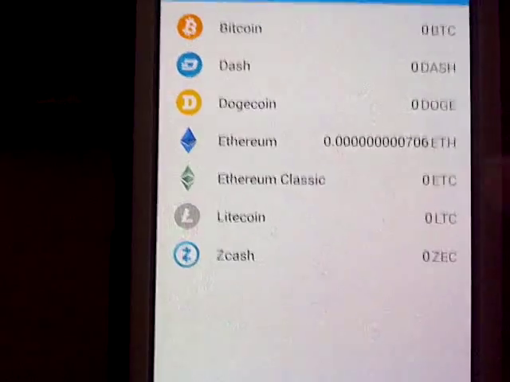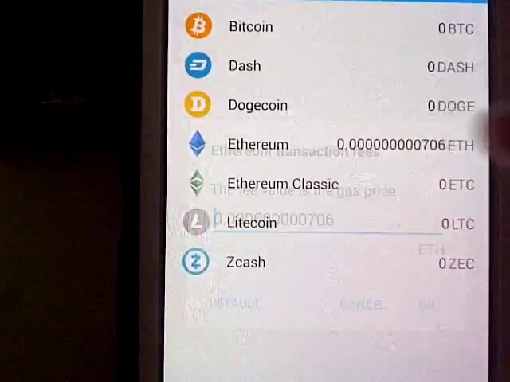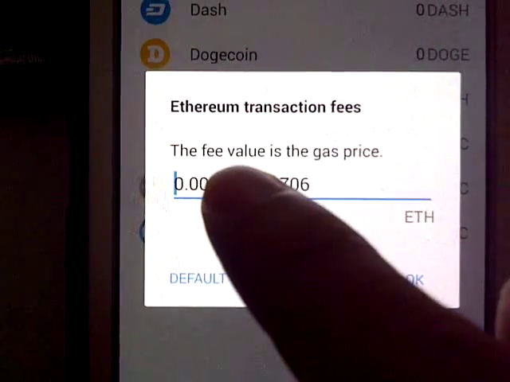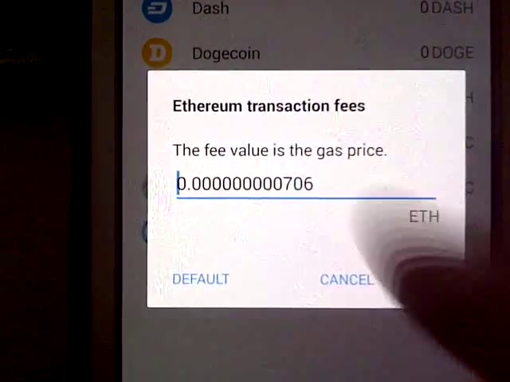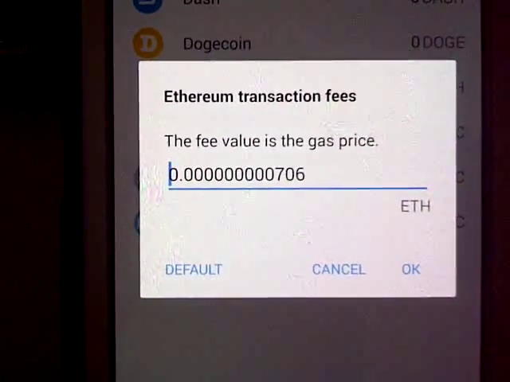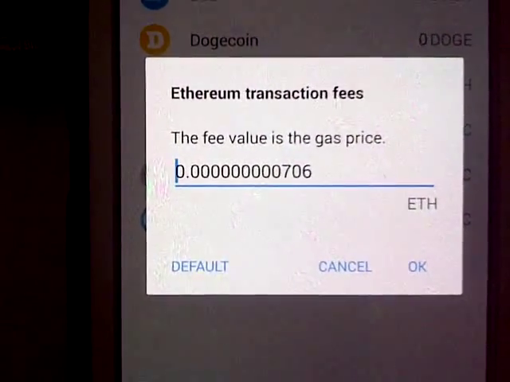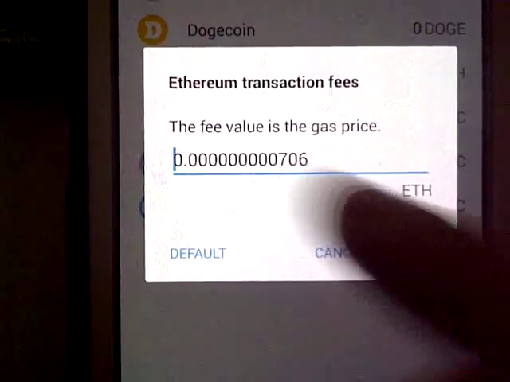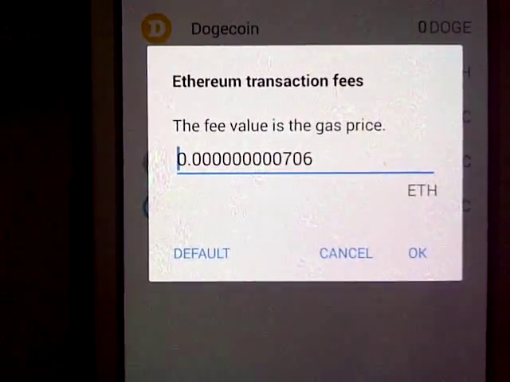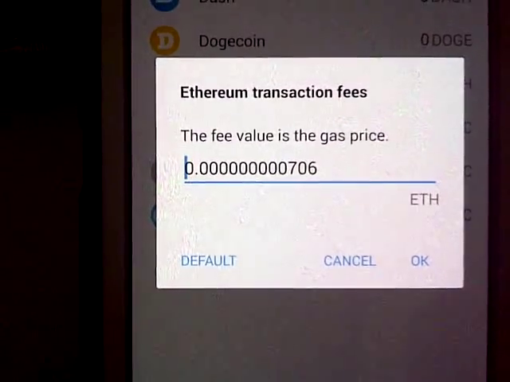Ethereum and Ethereum Classic are different, okay? Because if you click on this, you'll notice it says the fee value is the gas price. So you're putting in a gas price for the transaction fee. All right.